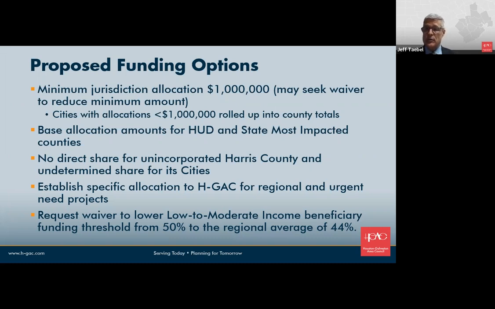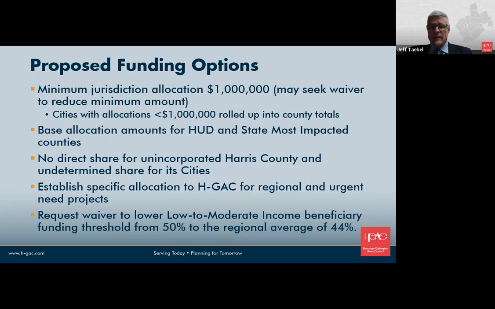And the counties can certainly use that fund to do projects in their cities. But the rationale is that, particularly with flood mitigation projects, those below $1 million may not really have the type of measurable impact. So we are not at this time planning to seek a waiver unless maybe there are some communities that are perhaps just below that $1 million amount.